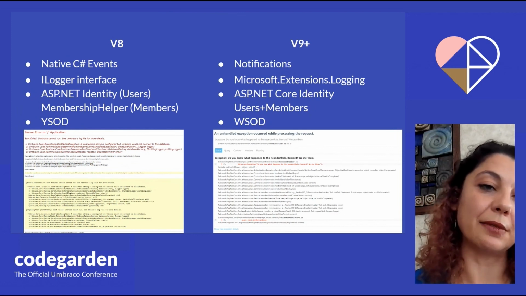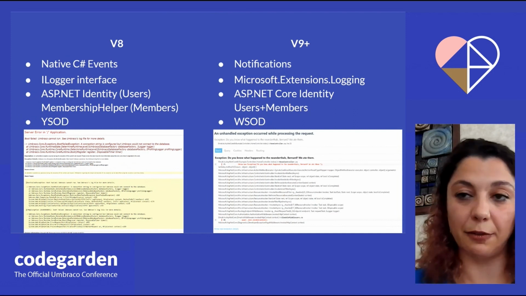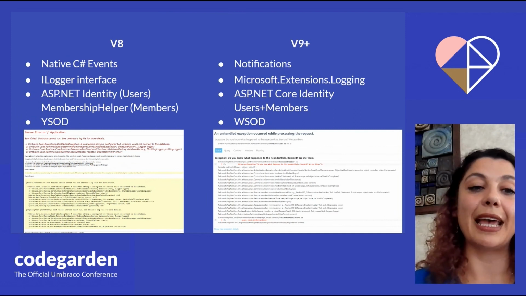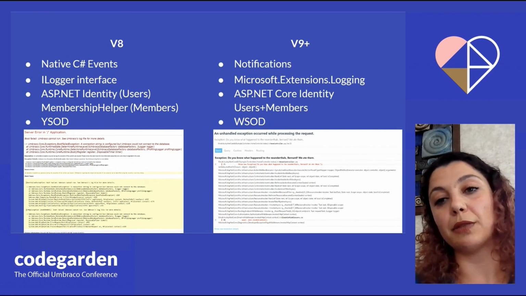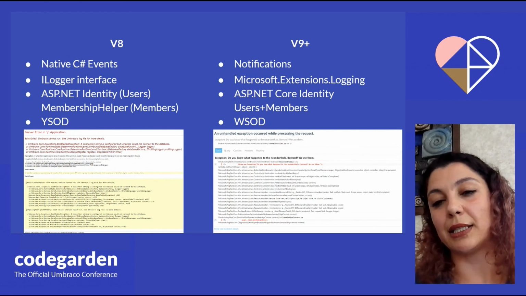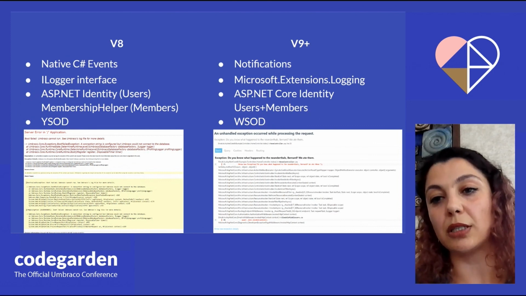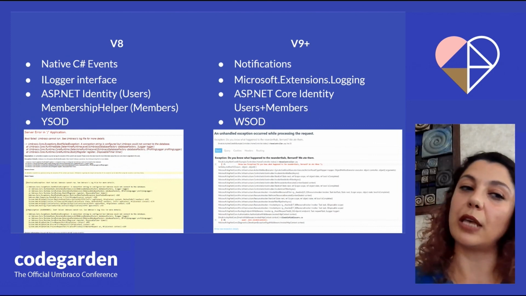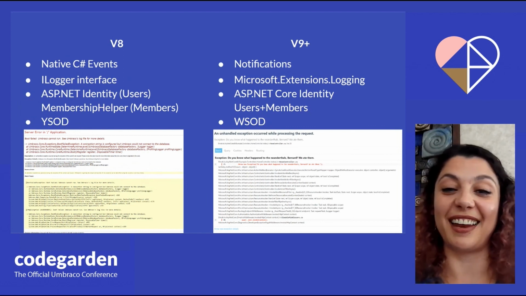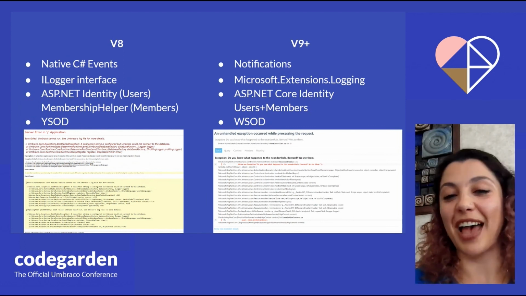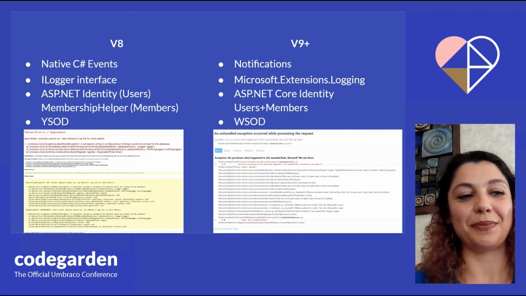With version 8, we had ASP.NET Identity for users and the MembershipHelper for members. With version 9 and plus, we have ASP.NET Core Identity for both users and members. We used to have Vice-Out. If you can't see, it says boots failed there. And we now have Whitesout.